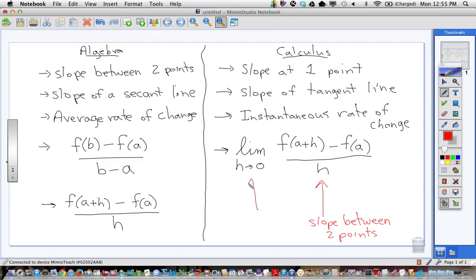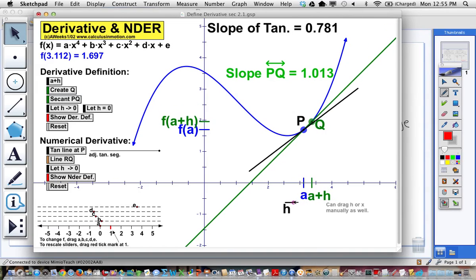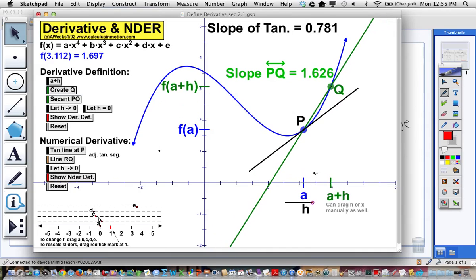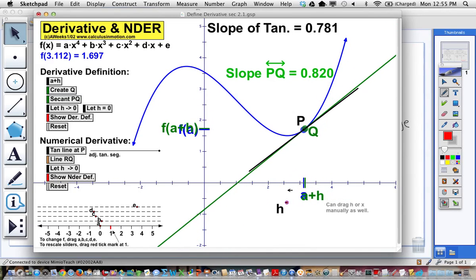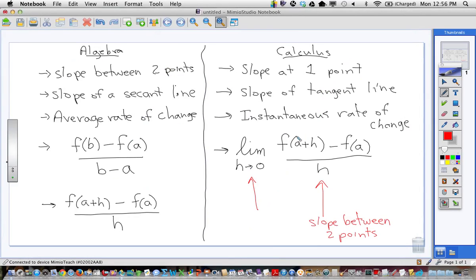But then this part right here, what does that do to the 2 points? As h gets closer to 0, the 2 points basically become 1, or get close to becoming 1. And the green line, the secant line, becomes essentially the tangent line. Okay? So everything in our notation is now matching up with what we've been talking about we want to happen, is we want the 2 points to get closer and closer together.